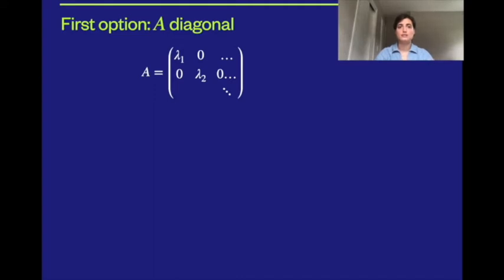So A is a diagonal matrix. It has some values on the diagonal and 0 everywhere else. Now you might have noticed that my writing here doesn't have A11, A22 on the diagonal, but has lambda1 and lambda2.